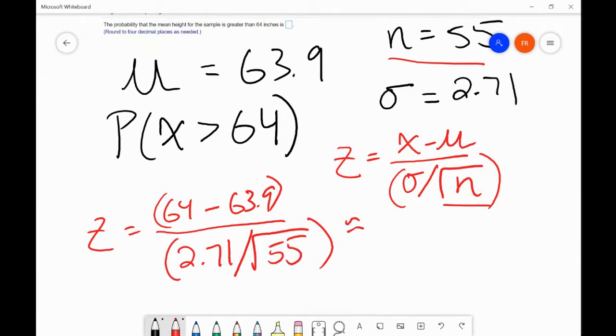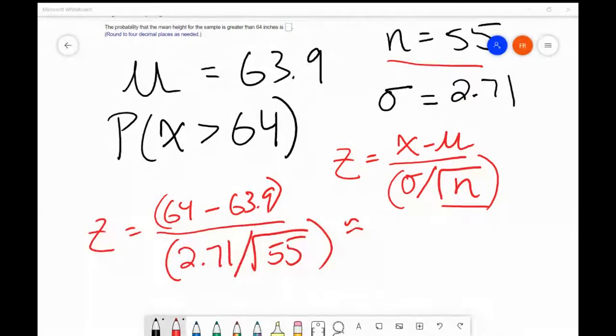Okay, so I'm just going to do this on my calculator here. I'm going to type in parentheses 64 minus 63.9, close off my parentheses, and now I'm going to go divided by.